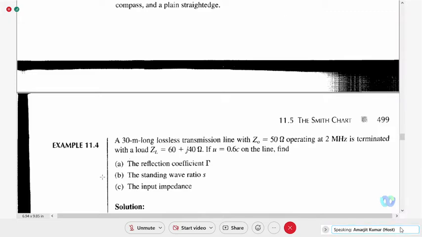So what is the reflection coefficient? ZL minus Z0 divided by ZL plus Z0. So how much are you getting? What is the value of the reflection coefficient?